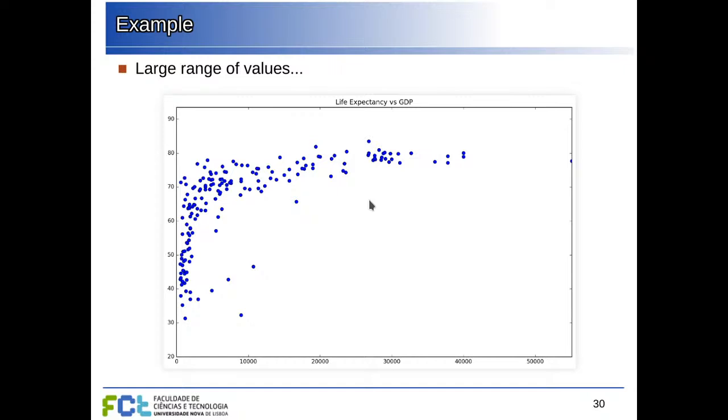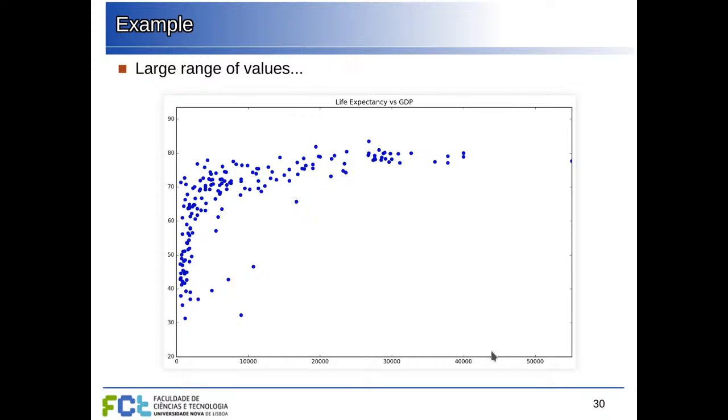If we are going to do things like expanding this to a higher degree, like a polynomial fit, for example, we have to use the x values raised to the power of 9 or 10, things like that. And if we have very, very large values, then we can have rounding problems when we try to add them to values that are much smaller, and so on.